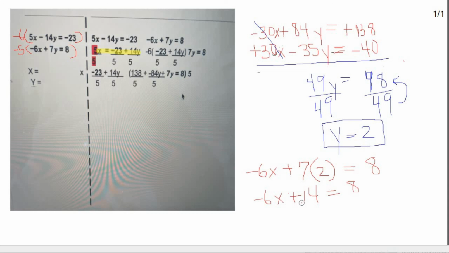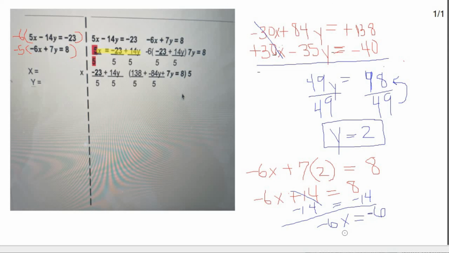We want to move the 14. We want to actually minus out the 14 here, as well as on the other side. And that's going to give us a negative 6x, a negative 14, a negative 14 and a positive 8. You need to subtract, and that's going to give you 6, and it's going to be a negative 6, because you have a negative 14, which is a bigger number than 8.